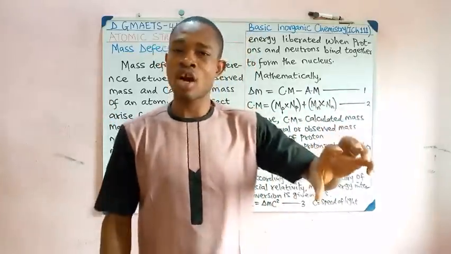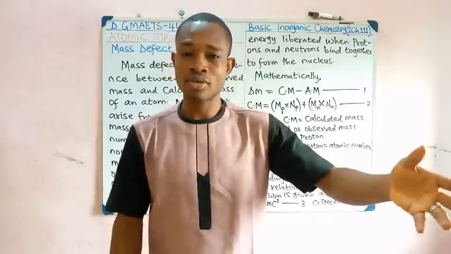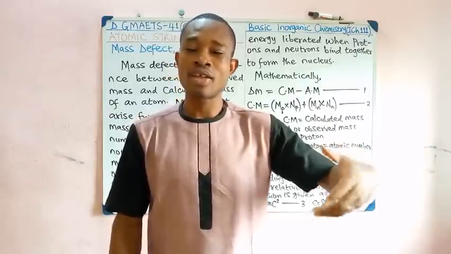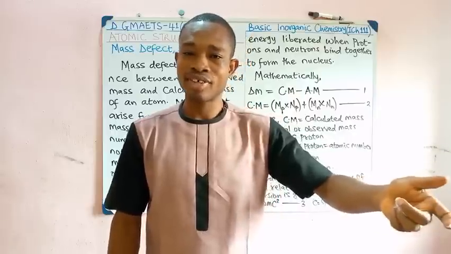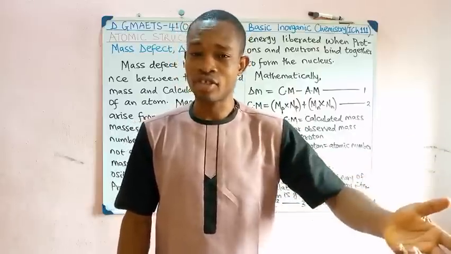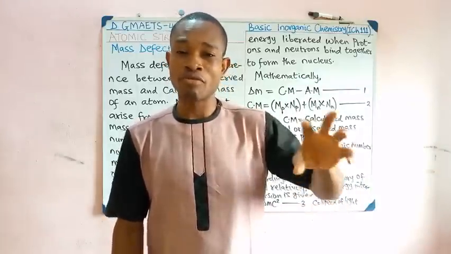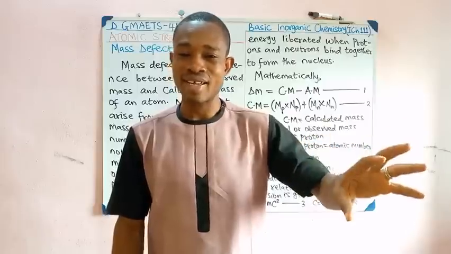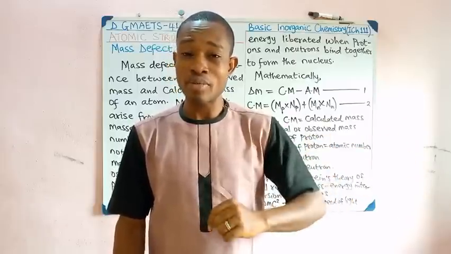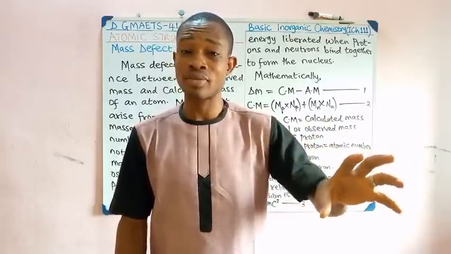The actual mass of the atom, also known as the actual nuclear number, you can also call the observed mass number or the observed nuclear number. It is obtained from a mass spectrometer. The instrument used in measuring it is the mass spectrometer.